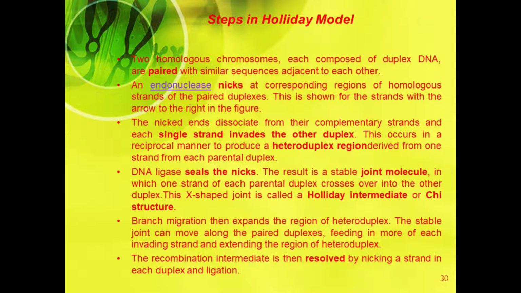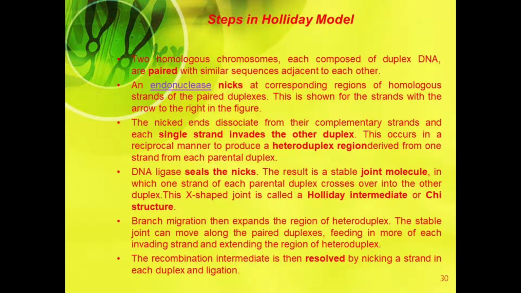DNA ligase seals the nicks. The result is a stable join molecule in which one strand of each parental duplex crosses over into the other duplex. This X-shaped join is called a Holliday intermediate or a chi structure.